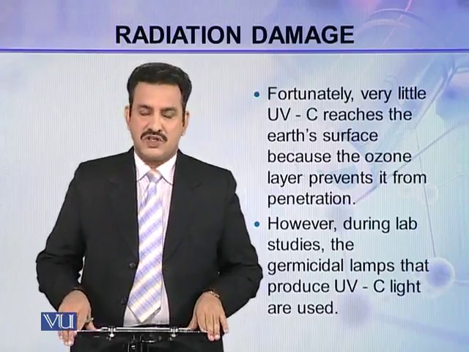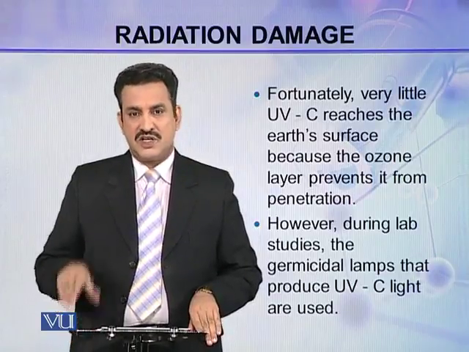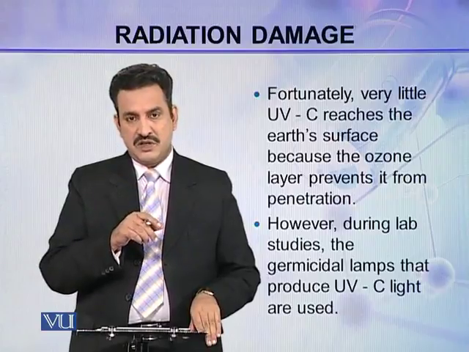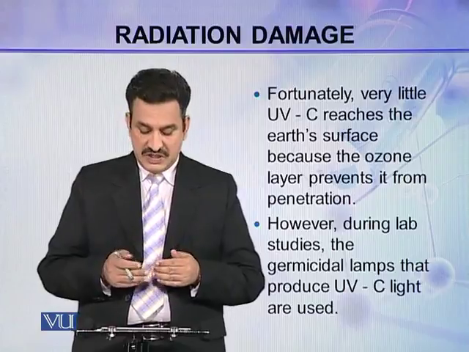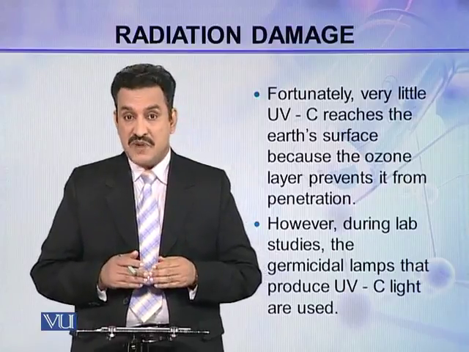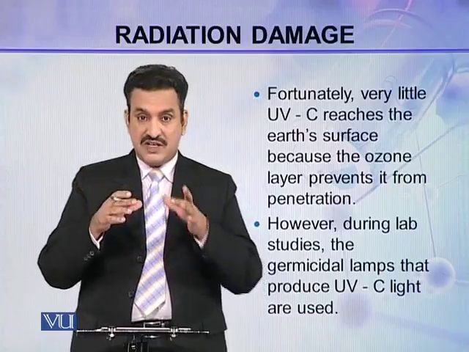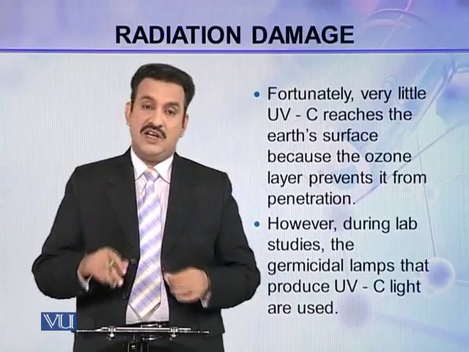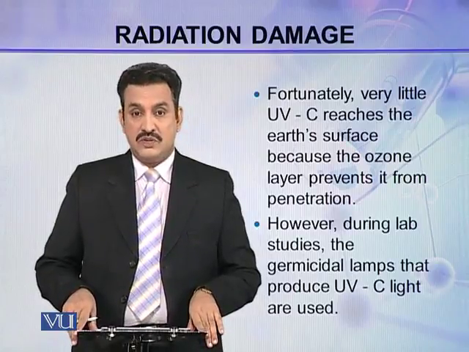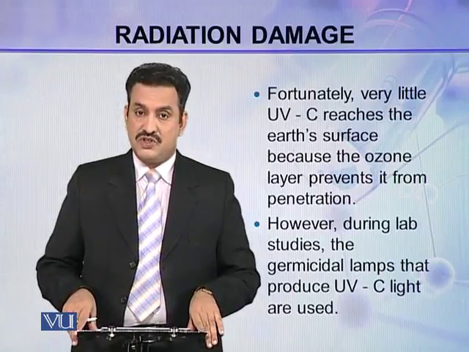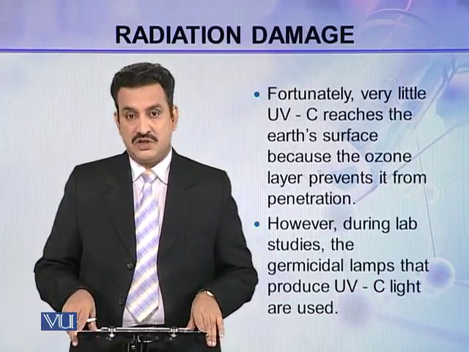But due to some toxic chemicals, this ozone layer is destroyed at some different places. So when this ozone is destroyed, UVC light will penetrate that damage, and it can reach the Earth. So it may lead to greater damage to the skin cells or to some other organisms.